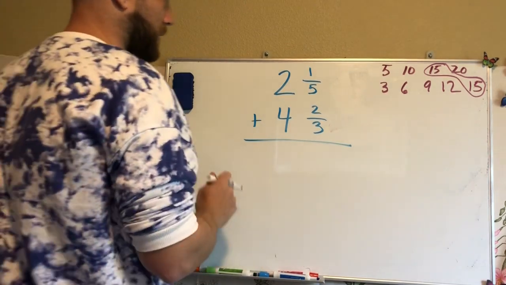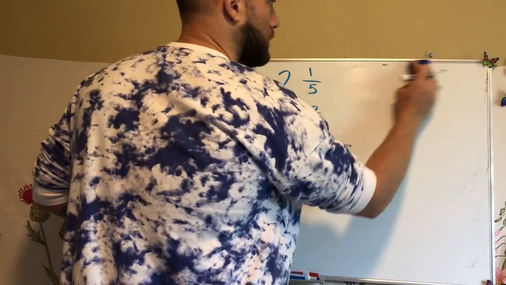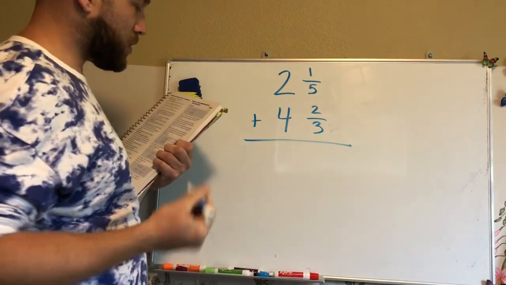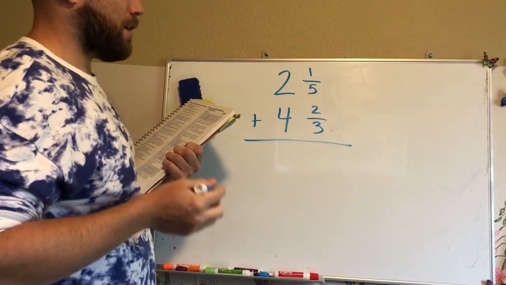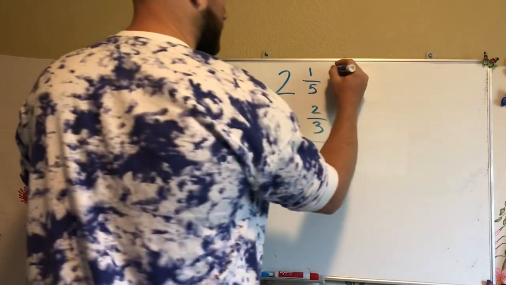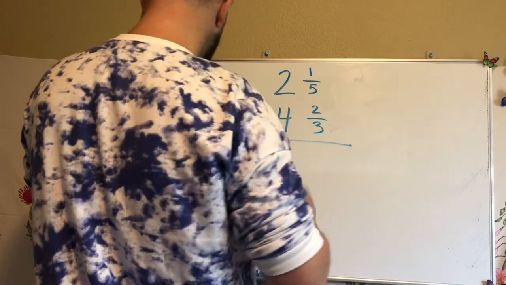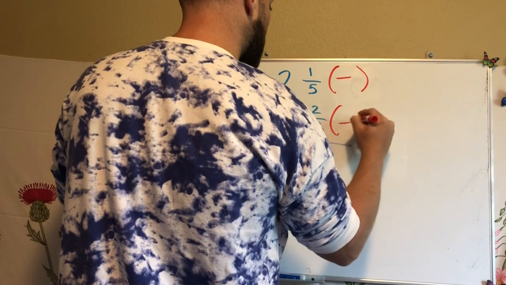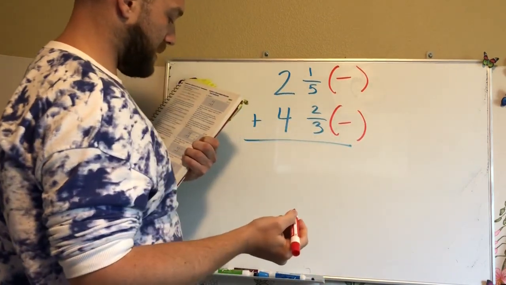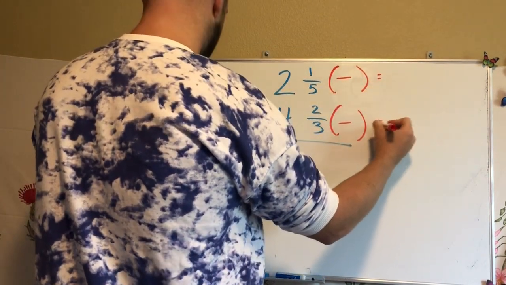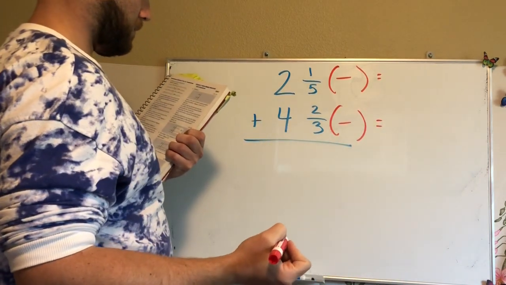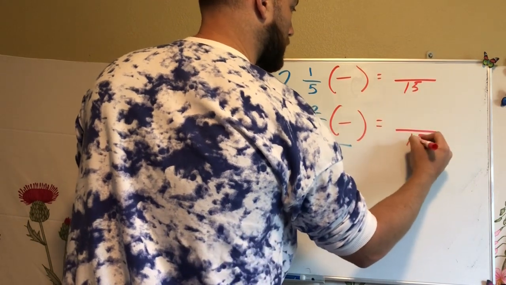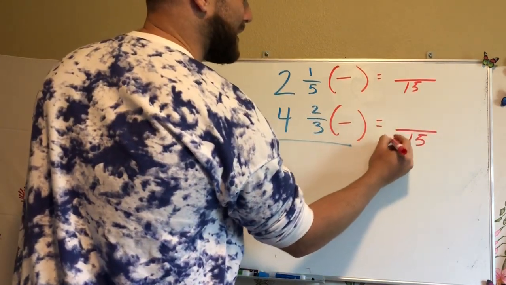So, what I need to do is do what we know how to do best. Turn the fractions into a fraction that has a denominator of 15. So, I'm going to set that up for us, just like so. This should look pretty familiar because we've done it. With a denominator of 15. And remember, we're adding these together.